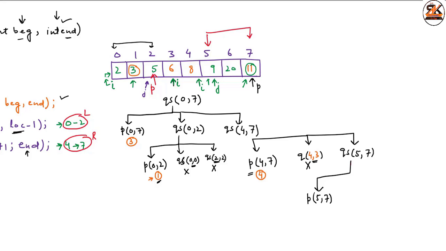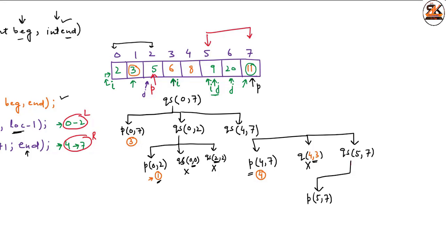Now i will be pointing to the same position as j is pointing, and i is no more pointing to the previous position, and we have to exchange the contents pointed by i and j. So 9 will remain here only. Fine. And then we increment j.